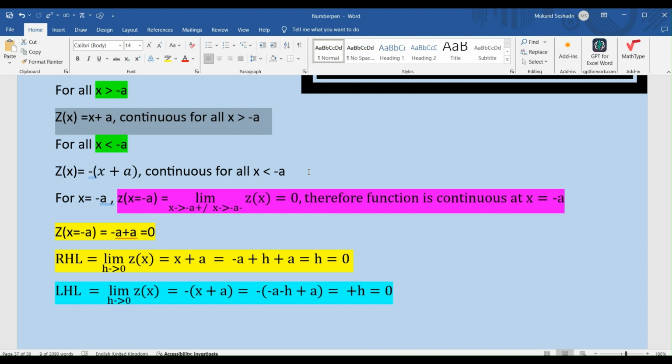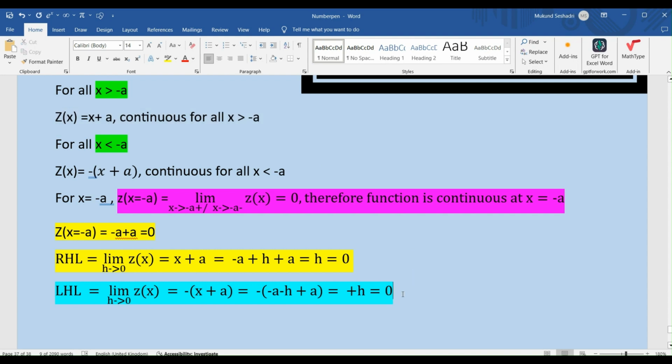Because this problem is a summation of two mod functions, and if we are able to generalize the mod function, calling it out as mod of x plus a, and establish continuity, then it's going to be a lot simpler to go ahead and solve this problem, right?